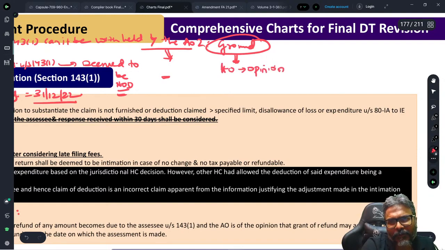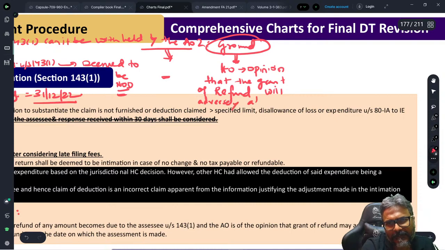The AO is of the opinion that the grant of refund will adversely affect the interest of revenue.